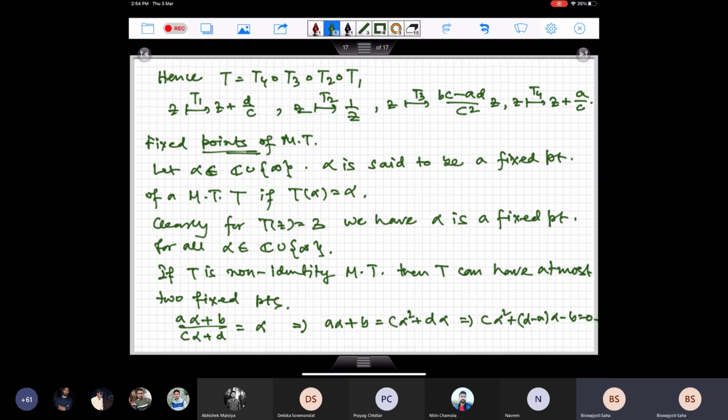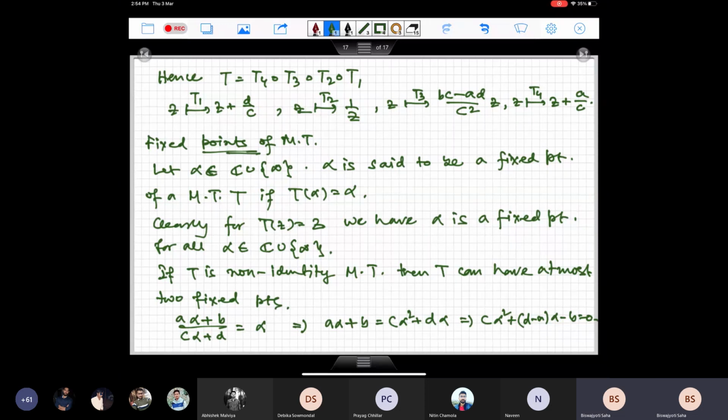So this could be a possibility. For example, if I just have a translation, z going to z plus b, in that case I'm going to treat infinity as the fixed point, because infinity is going to go to infinity. Okay, so there will be several such possibilities.